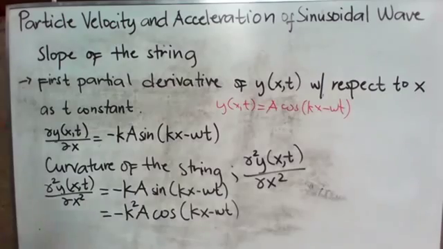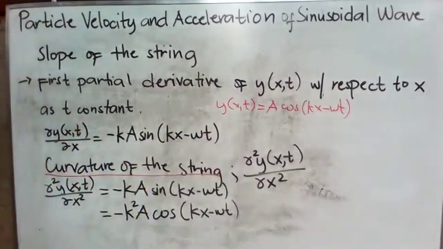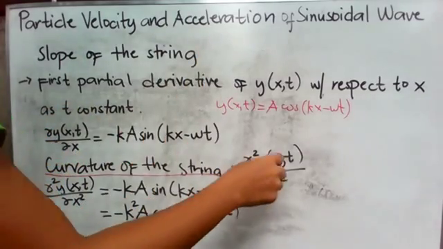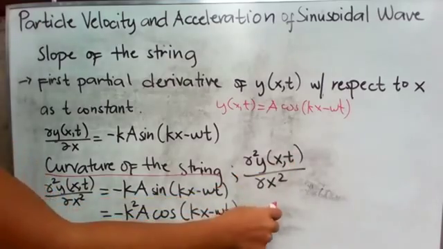We can also get the curvature of the string. In order to get the curvature, we get the second partial derivative of y as a function of x and t with respect to x.